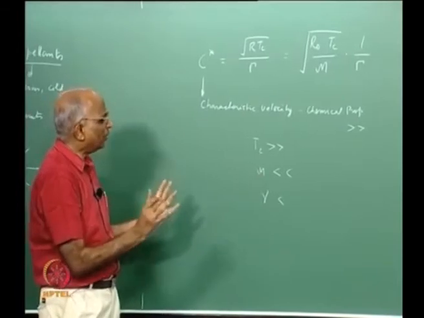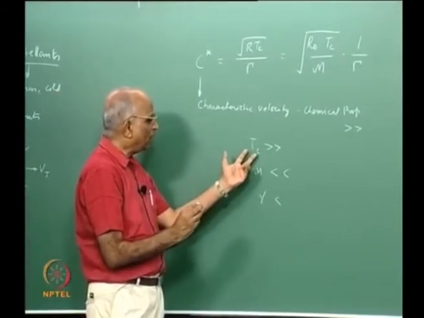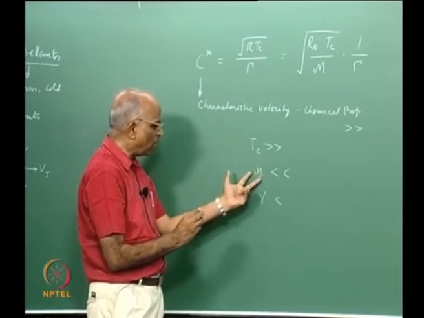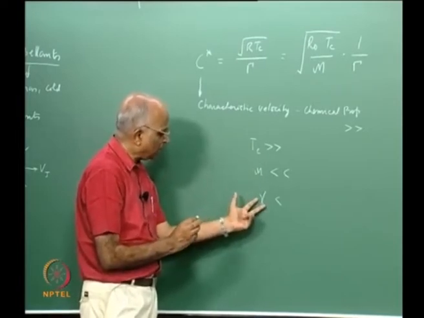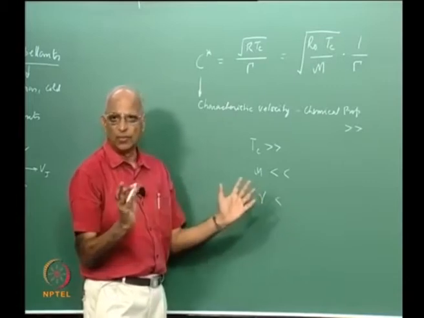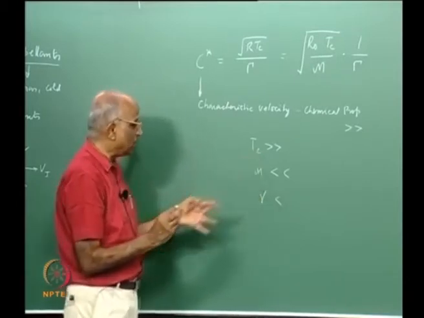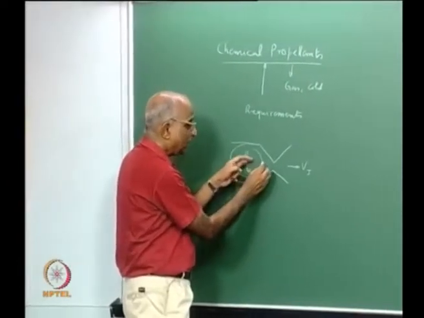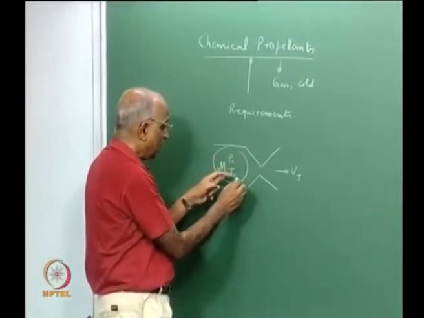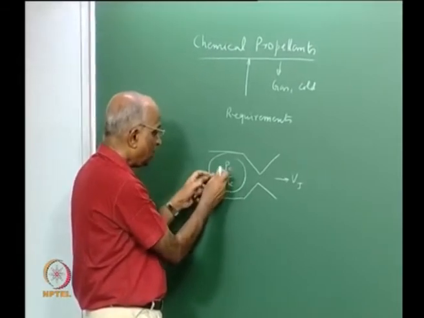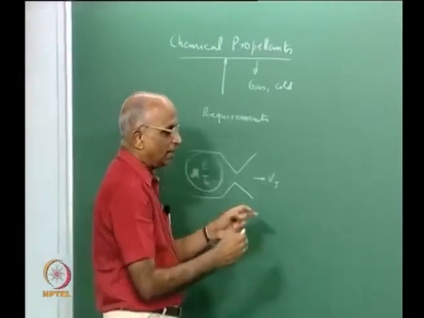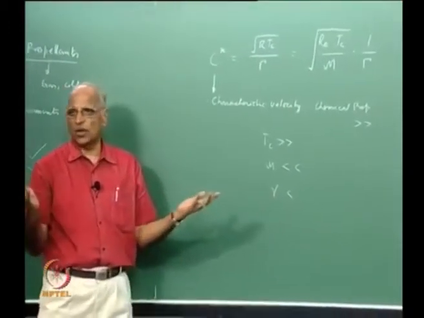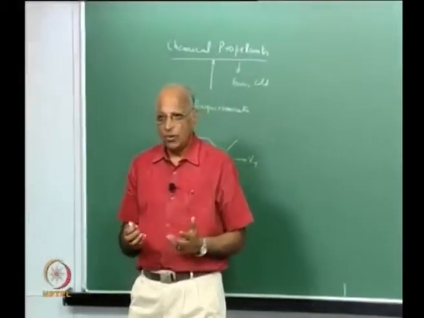Therefore, basically we are looking at the following, maybe I would require Tc to be large, the molecular mass of the gases to be small, maybe the specific heat ratio also to be a small number. If I can have propellants which could generate gases such that the temperature of the hot gases and the pressure of the gases should be large, the molecular mass of the gases must be small, and the specific heat ratio of the gases must be small. This is what a propellant should do. How do you get it?